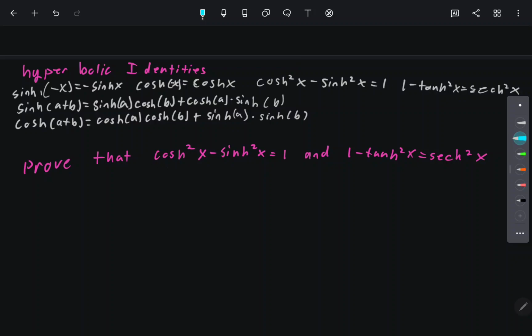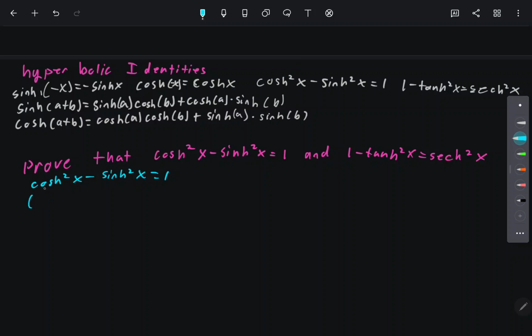So the way that we're going to do this is we are going to say that cosh squared of x minus sinh squared of x is equal to 1. We are going to sub in what we know these values to be.